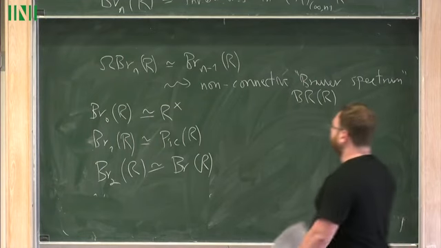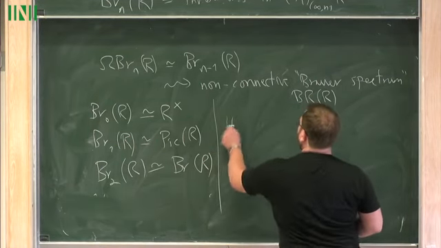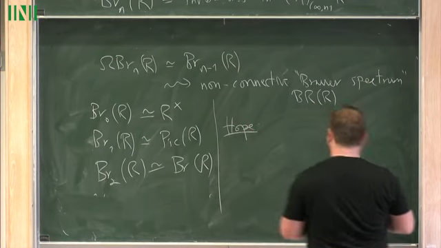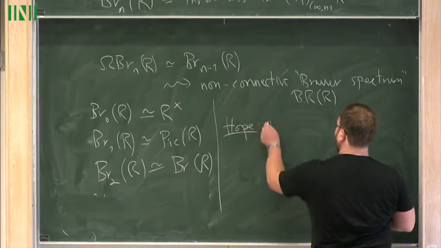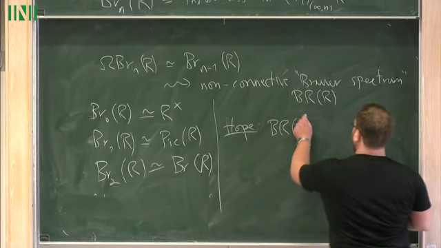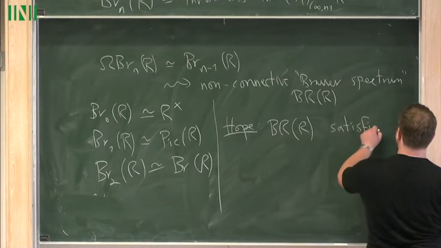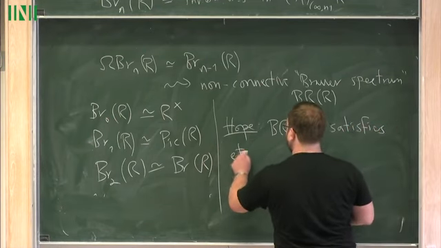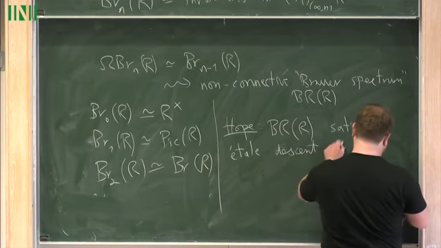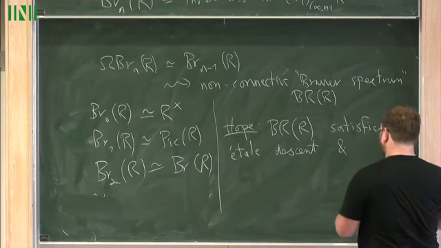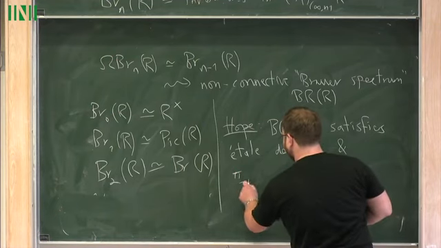And then, well, the hope that I want to say, so we can actually understand something about these spectra in general. So we might hope that this spectrum satisfies Tal descent, and that we can identify the homotopy groups as certain Tal cohomology groups.